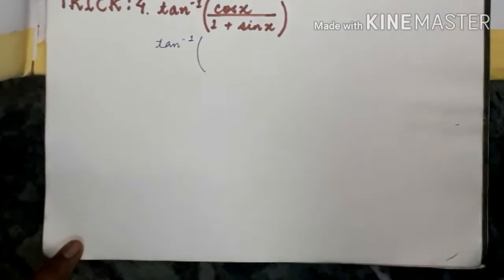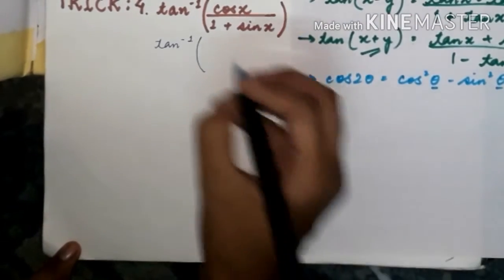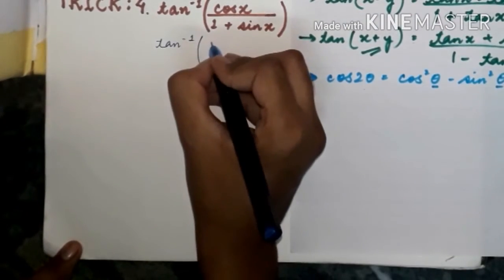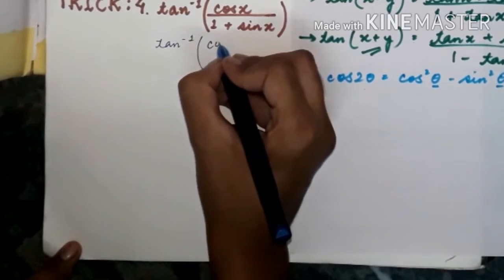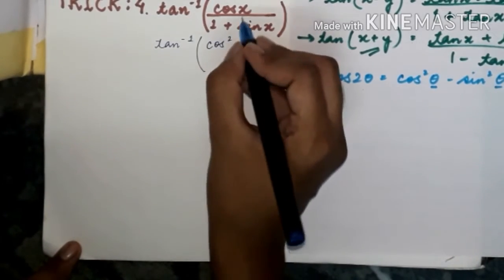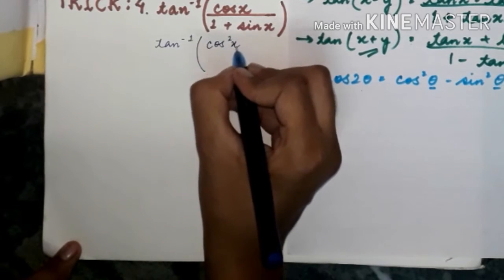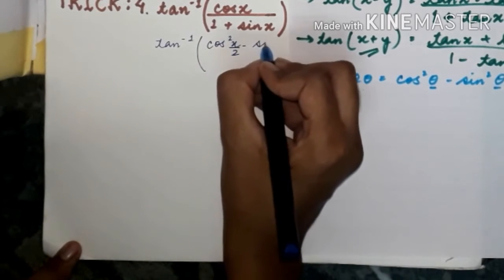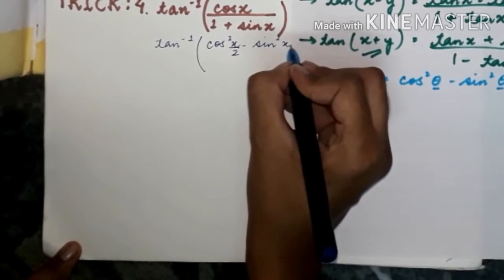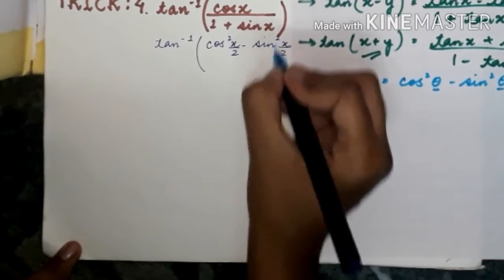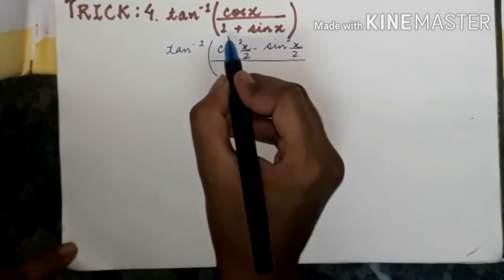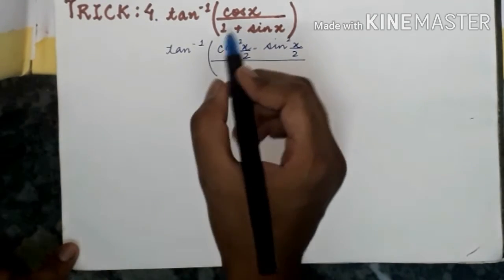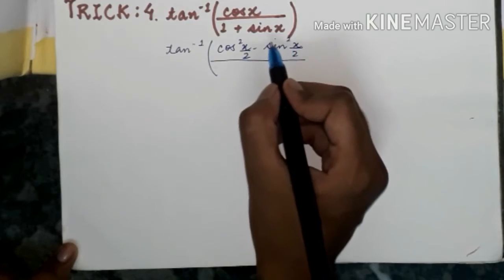See, why are we using this property? In place of cos x, we will use this identity. So here you have x, so here you will put cos square x by 2 minus sin square x by 2. And now, in place of 1 plus sin x, here you have 1 along with sin x.